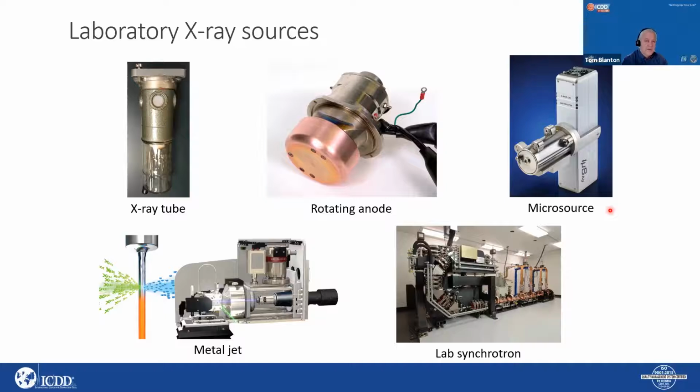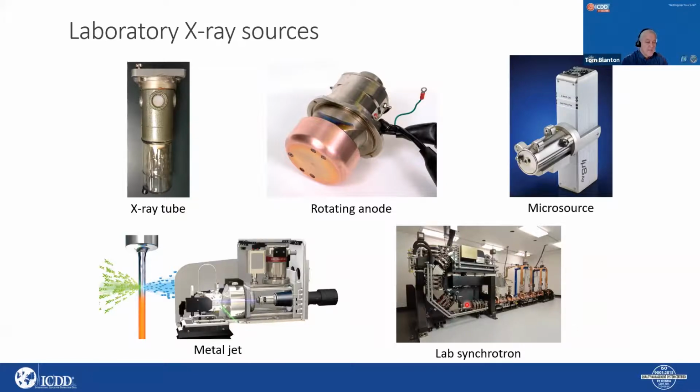If you're doing micro diffraction or even single crystal work, you might use a microsource. Metal jet X-ray sources are now available that use either a gallium or indium anode. At modest temperature, these anode materials turn to liquid, and so you have a different cooling need compared to a solid anode that you'd find in a tube or rotating anode system.